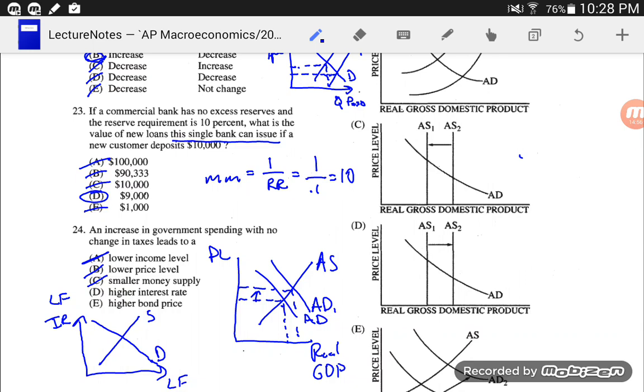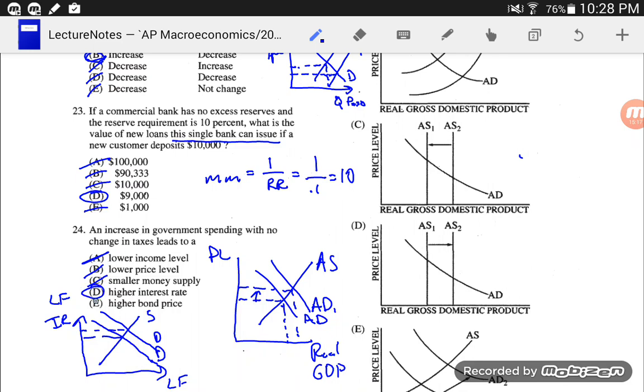And if you're going to consume stuff, you might need to borrow some money to do so, but you might be willing to because you've got that higher income and the economy is looking well. And so you'd actually have an increase in the demand for loanable funds. And if you have an increase in the demand for loanable funds, that is going to drive up interest rates. So I'm going to go with D.